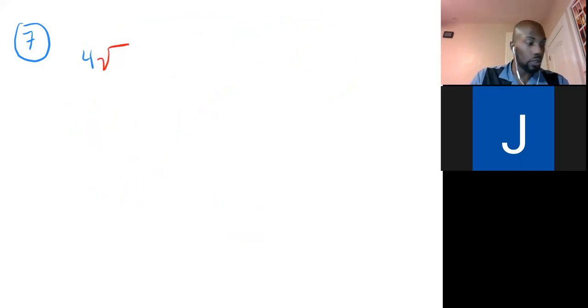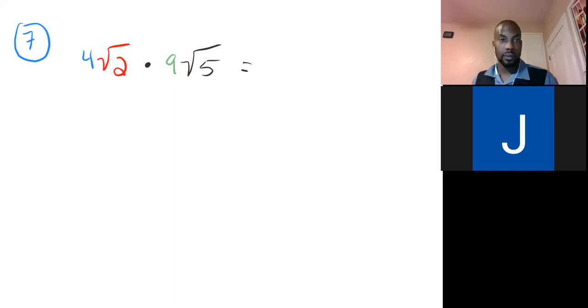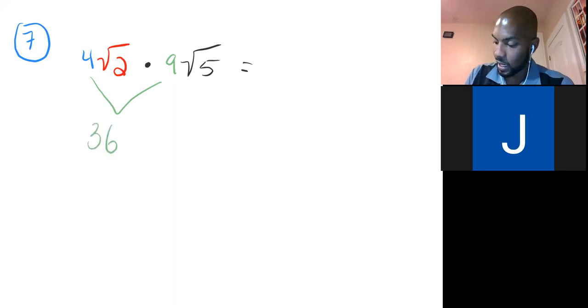So if I had a 4 rad 2 and I multiplied it by a 9 rad 5, I can simply use distributive properties to multiply the fronts first. So 4 times 9, okay. 9 times 4 is what, 36? So that takes care of that and that.